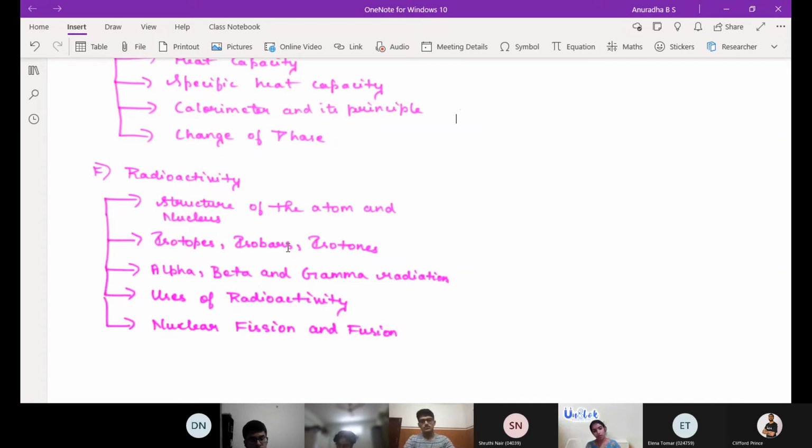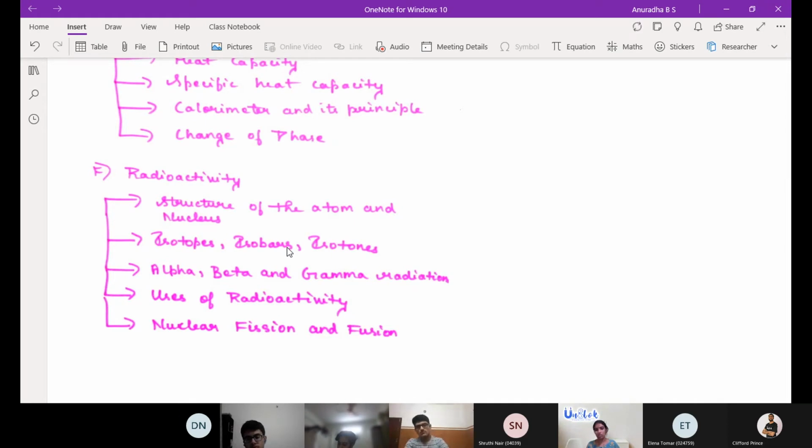Nuclear fusion is whenever you combine two light nuclei. Fusion is nothing but fusing something. Whenever I fuse two light nuclei, it gives me a heavy nucleus, and along with that you have some kind of energy. That is called fusion. Fission is just the opposite.